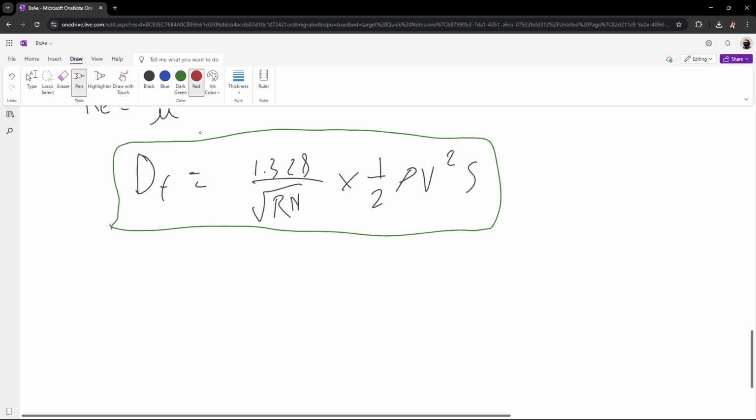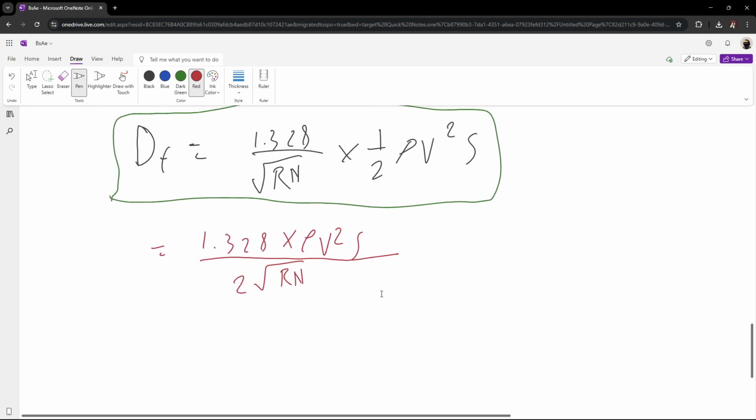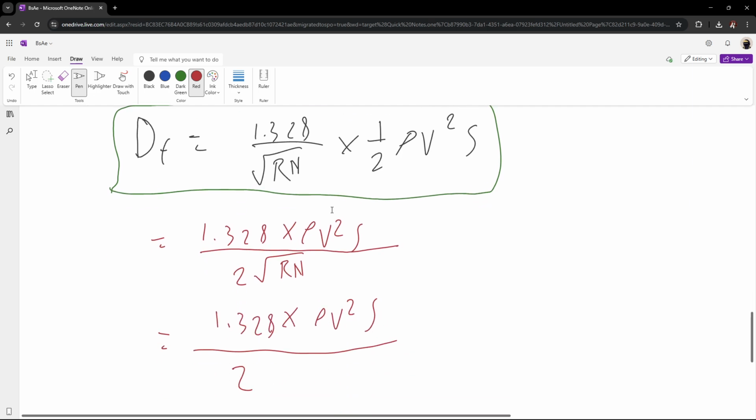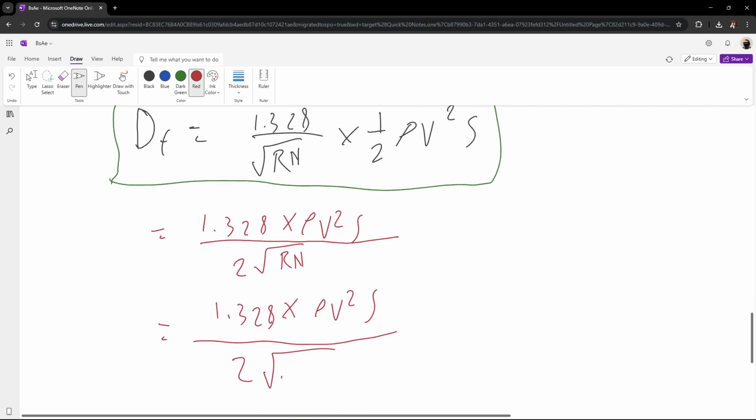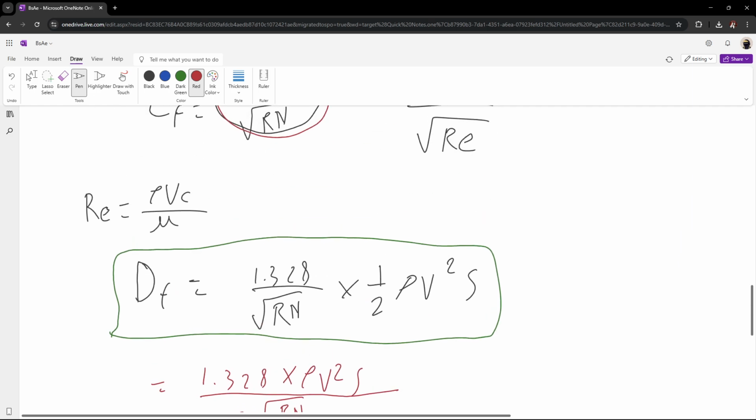Now, here's the trick. Combining these two, we get 1.328 over 2 square root of Rn times rho V squared S. To further simplify, we have 1.328 times rho V squared S over 2. Now what is Rn? Rn is rho Vc over nu.